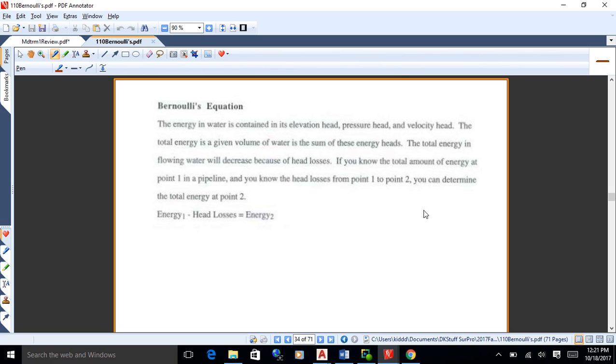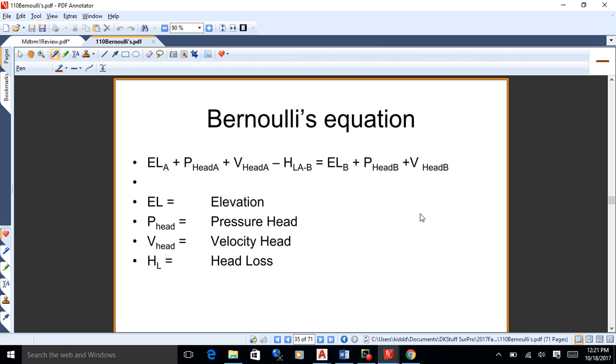So I'm on page 101. It's pretty straightforward. All he was saying there is if you take the original energy and subtract off the head losses, you'll get the energy at the next point down the pipeline. Now, the energy is the sum of elevation, pressure, and velocity head.